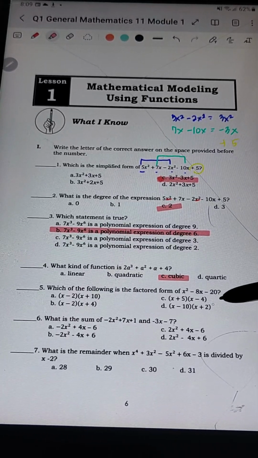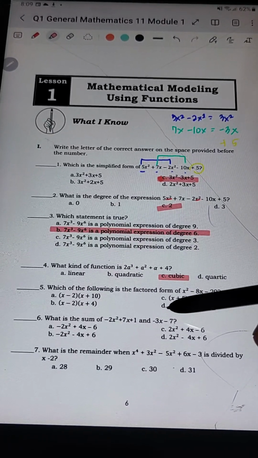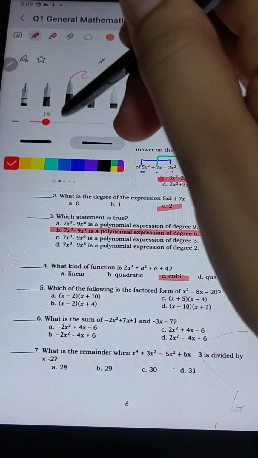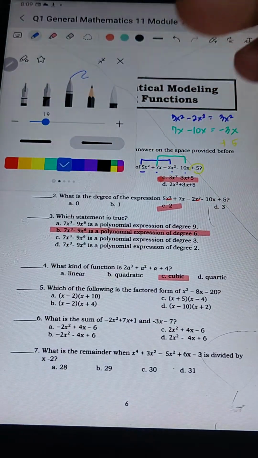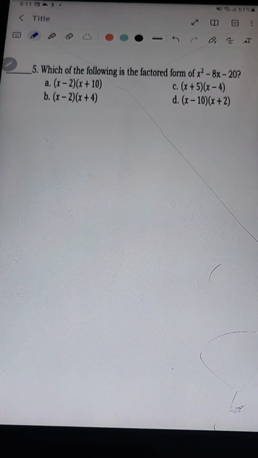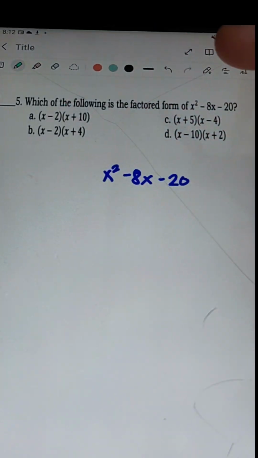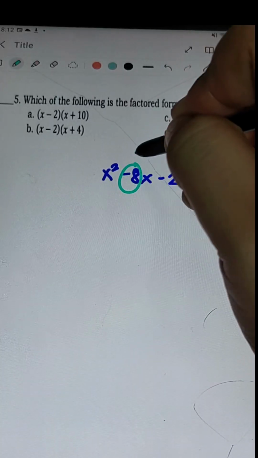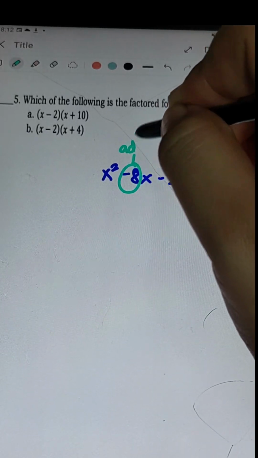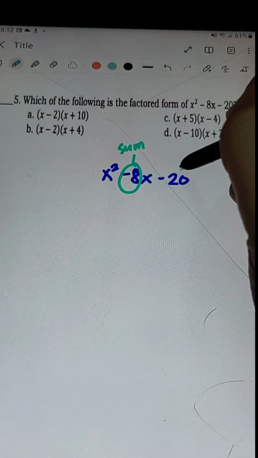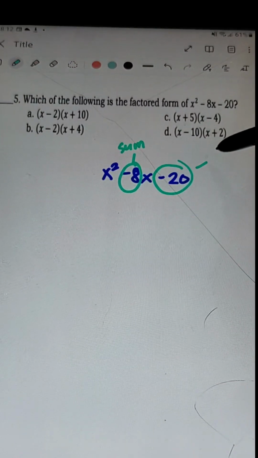Okay, why can we say the answer is letter D? Okay, let's try to explain this one. We have to look at numbers that, if we add them, will result in negative 8, and this is the sum, and negative 20 will be the product.